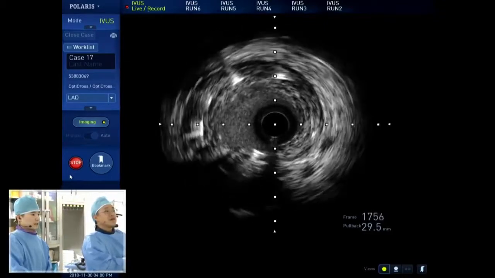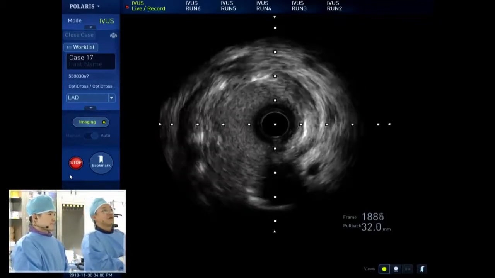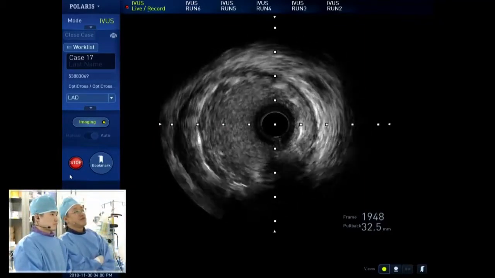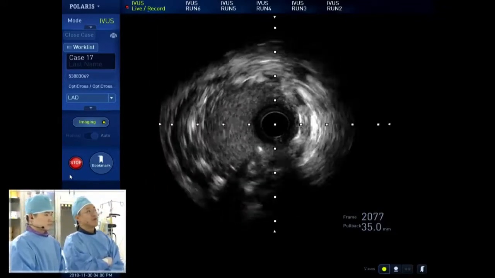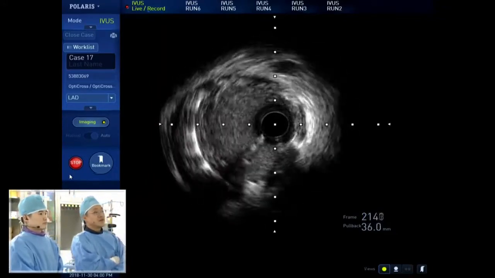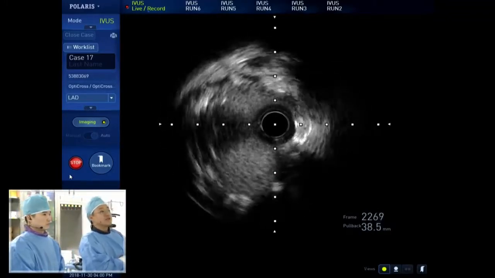And the circumflex ostium is coming at the 7 o'clock, and the opening is good. And we did kissing balloon dilation using non-compliant balloon several times, and finally we also performed the kissing balloon dilation.